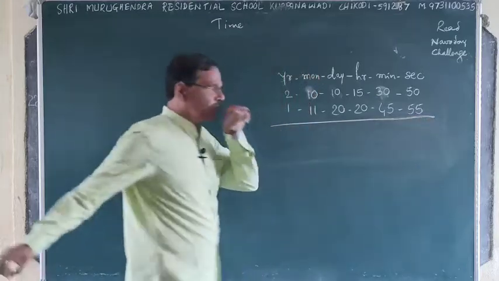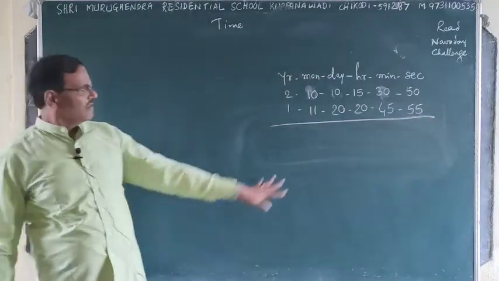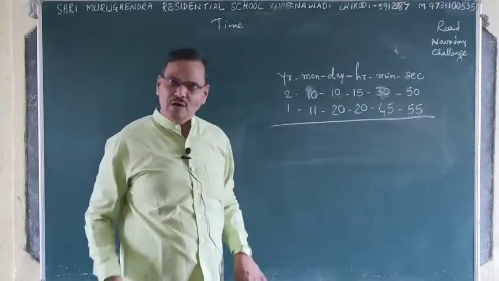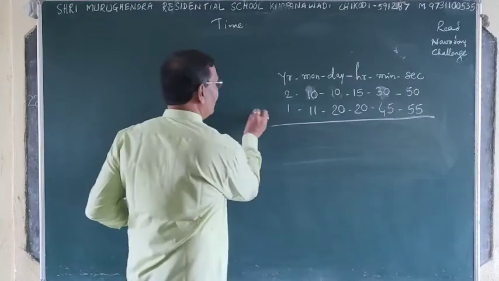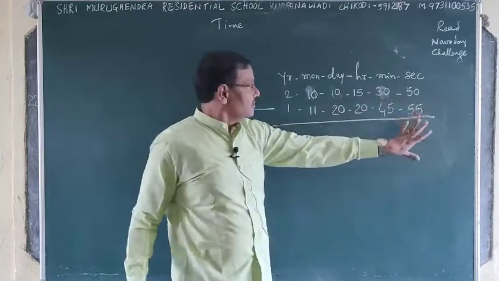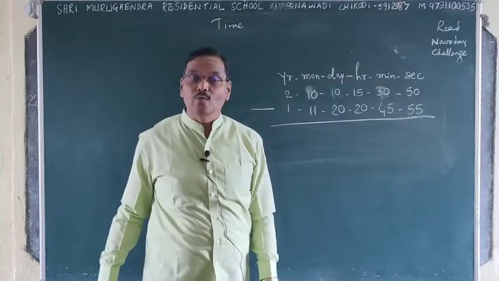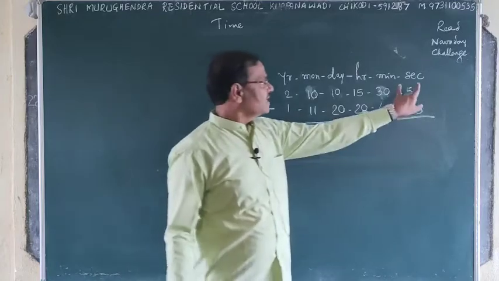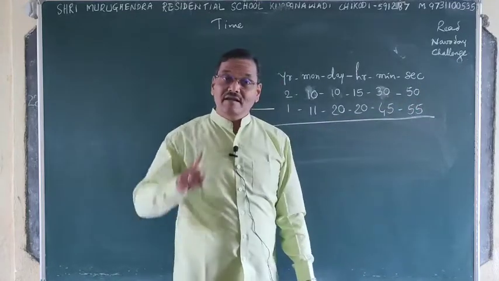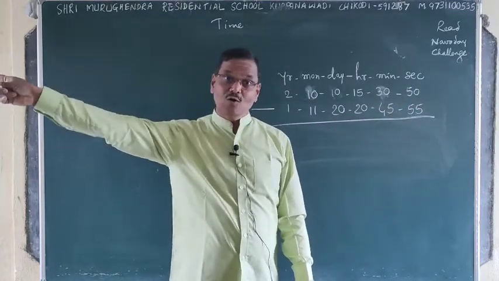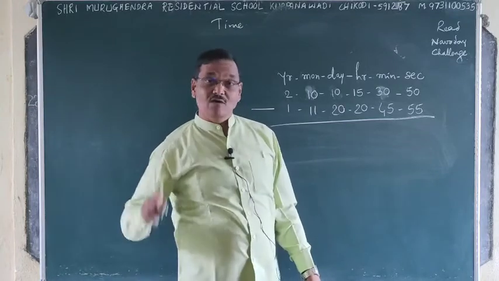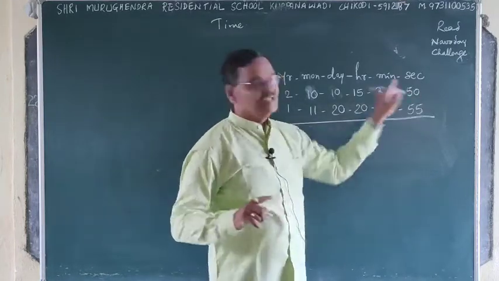If it is plain, then there is no need of doing anything. Whereas here, this is 50, whereas this is 55. What to do? As we gave a carry to the next column, likewise we have to take a carry from this.